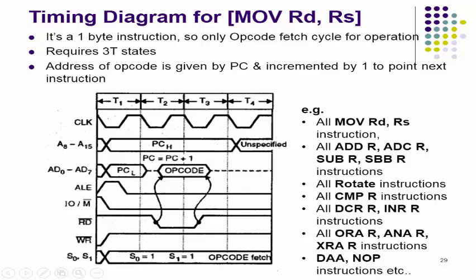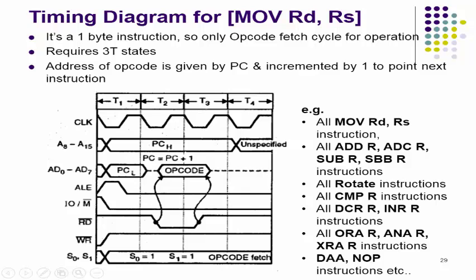For example ADD B, ADD C, ADD D, ADD E, SUB B, SUB C, SUB D, SBB E, SBB H kind of instructions. Then single byte rotate instructions, that is RLC, RRC, RAL, RAR. Comparison instructions, CMP R, that is CMP B, CMP C, CMP D kind of instructions.